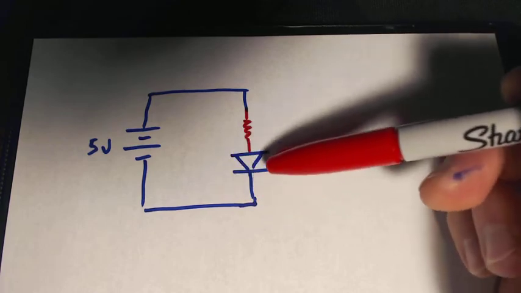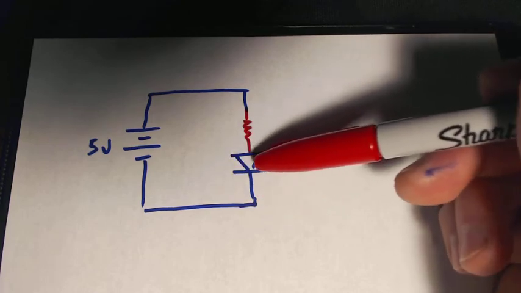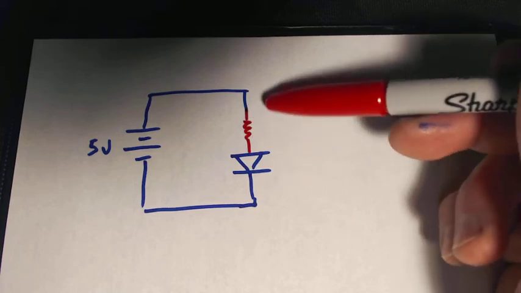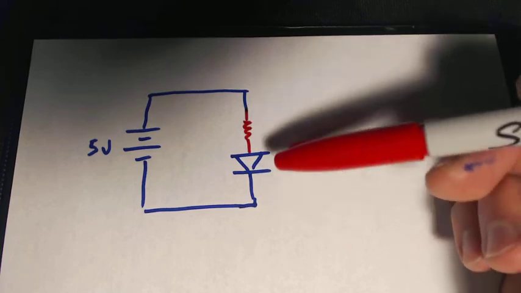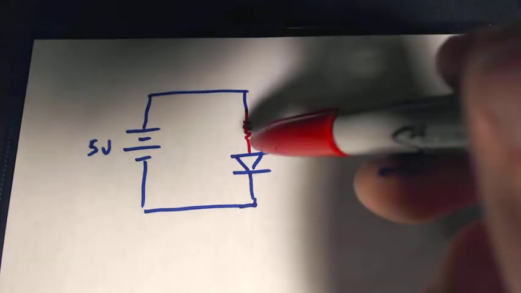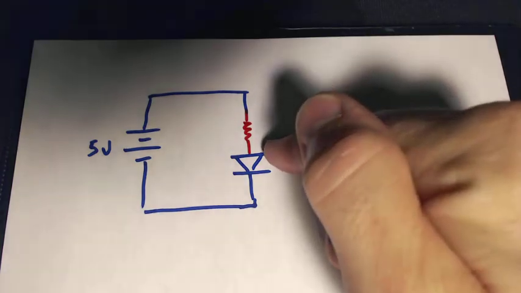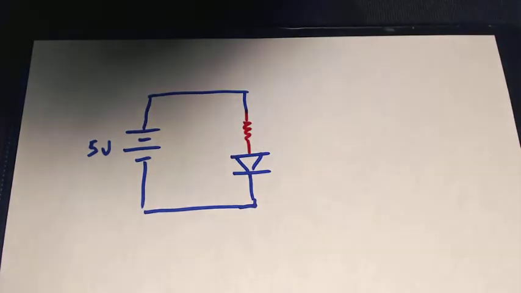Remember, this diode is going to be behaving like a 0 ohm resistor. So we're adding another resistor in series. Series resistance just adds. So if we add this resistor here, we can essentially limit the current from going to infinity.